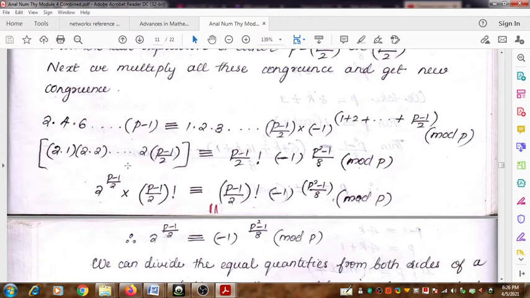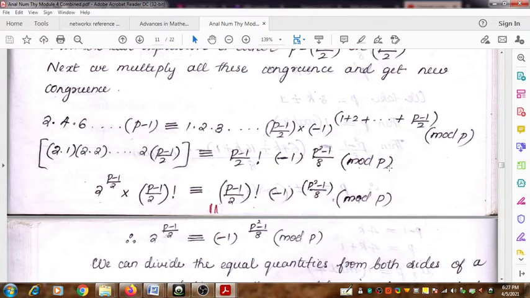It is written in factorized form, and that quantity is then congruent to p minus 1 divided by 2 factorial into minus 1 raised to a power. When you add the exponents, you get the simplified algebraic expression p square minus 1 divided by 8, which is the power of minus 1 that you can see here in the bracket.